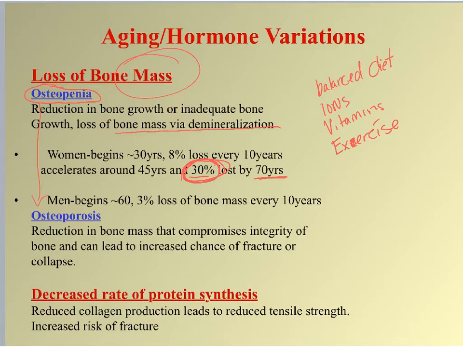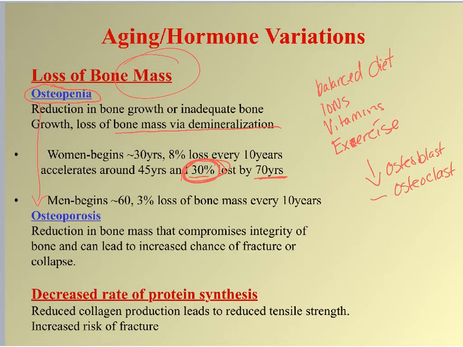A little bit of weight-bearing exercise is good for this, because when you do that, your body's telling the osteoblasts, hey, hold on here, stop getting lazy. Naturally, as we age, osteoblast activity decreases. Well, osteoblasts are the bone growers. But as we age, osteoclast activity stays the same.